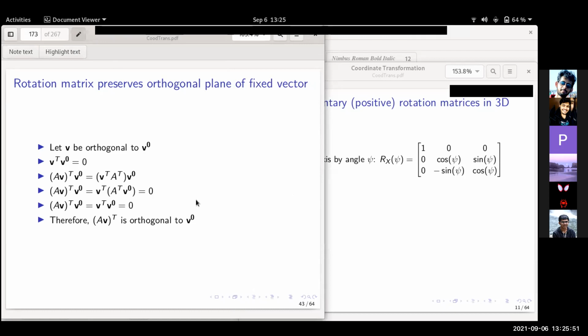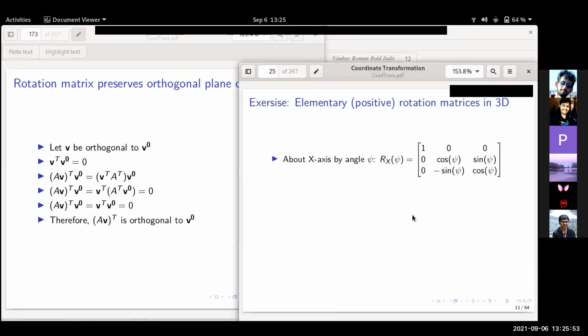Okay, so for that, we will go back to this expression. If you have the rotation with respect to the x-axis, and you multiply it with any vector which lies only along the x-axis, what kind of vectors will they be? Can you describe at least one vector along the x-axis?